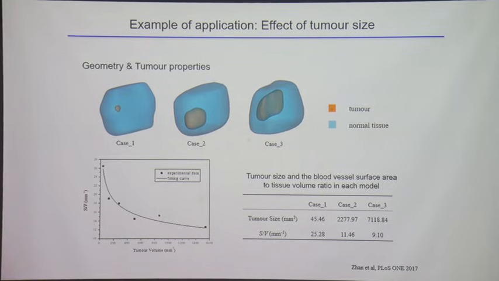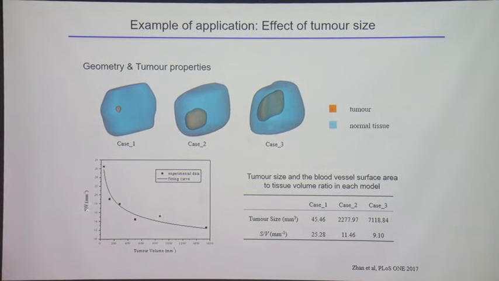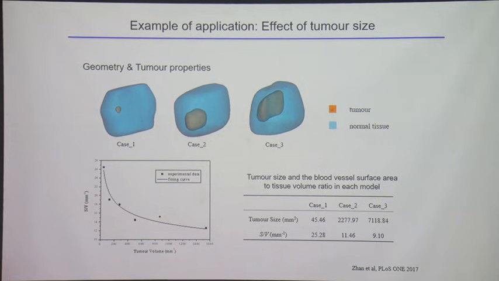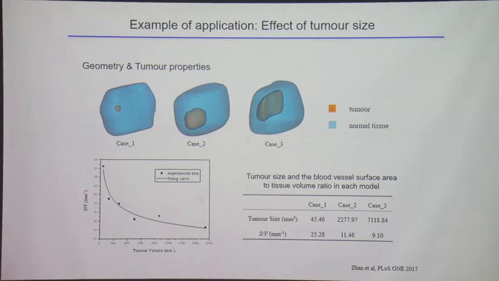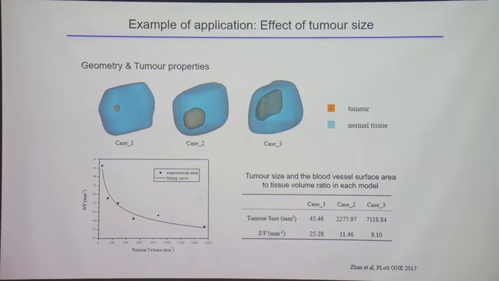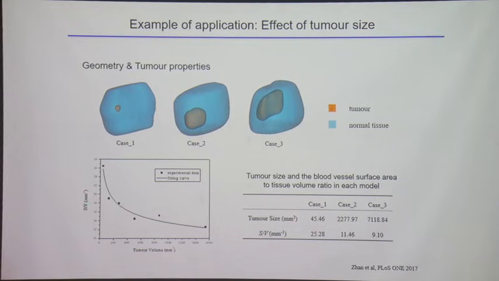Because we learned from the previous simulation that this S over V ratio, which reflects the microvascular density, is a key parameter in determining intracellular drug concentration and also the cell survival fraction rate, we need to make sure that this S over V ratio is modeled correctly. Obviously one way to do it is just to fix it for all of these. But that's not the case because, fortunately, there are experimental data which have measurements.